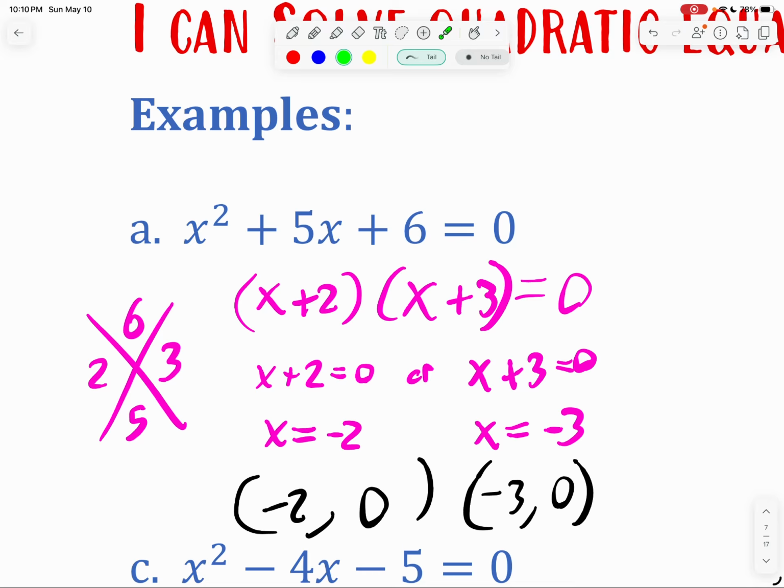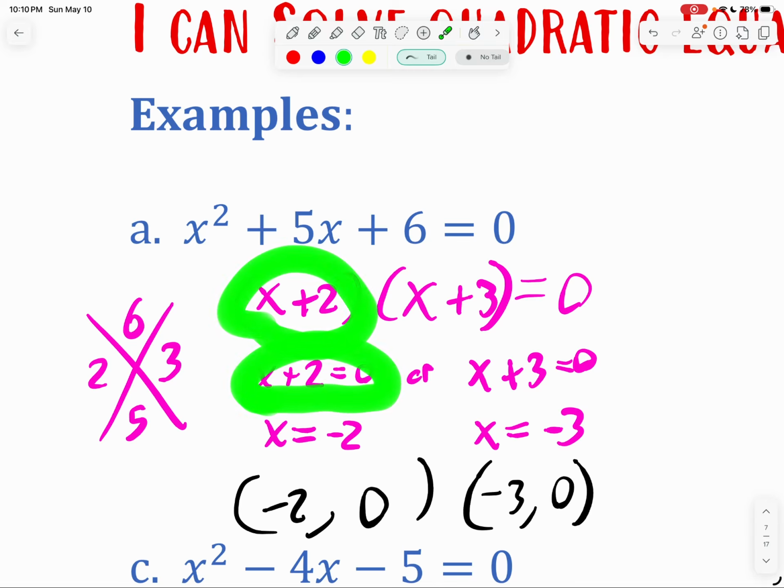I know that x plus 2 equals 0, so there's some number x where if you add 2 to it, it equals 0. And by the same token, x plus 3 equals 0. So what is x? What number do I add to 2 to get 0? Negative 2. What number do I add to 3 to get 0? Negative 3. So we're able to get our 2 roots using that.